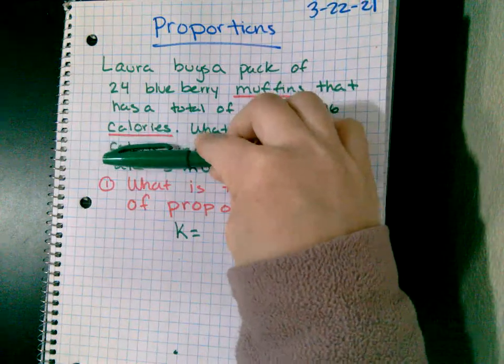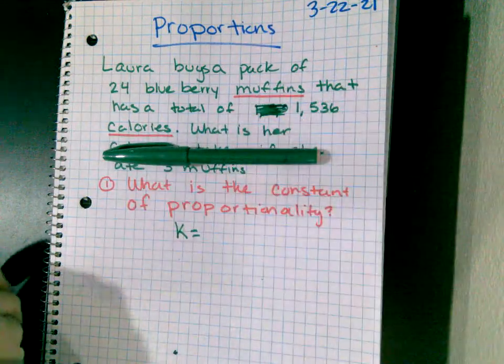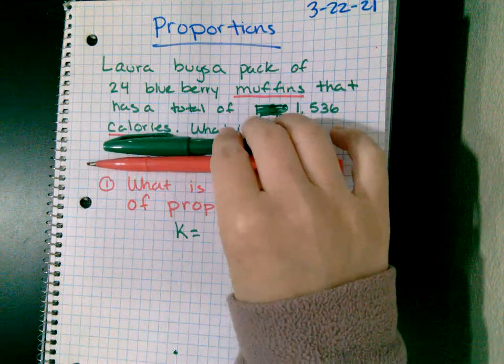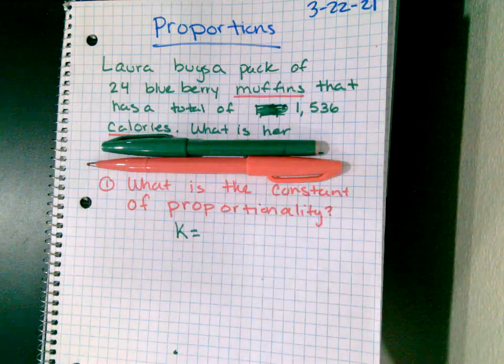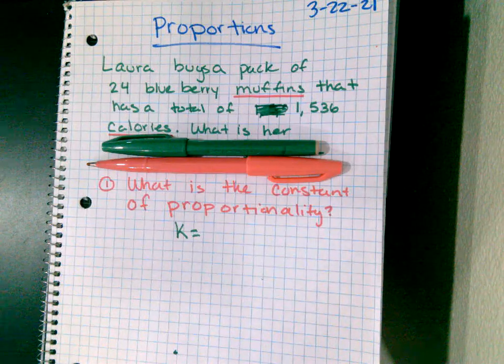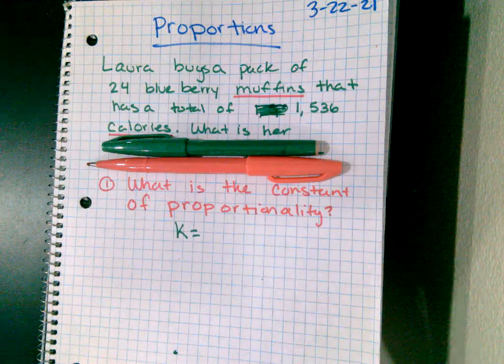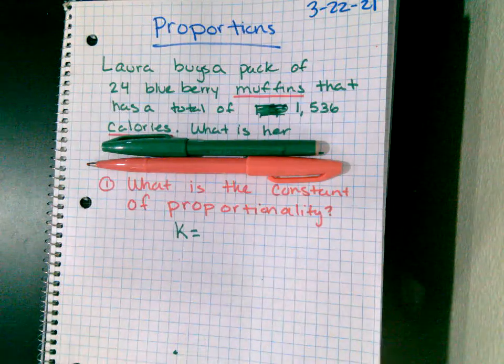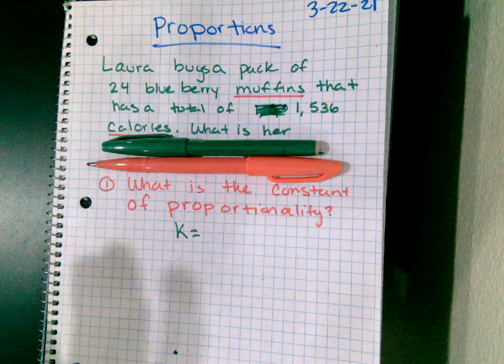If I ignore that part, I'm not going to worry about that question right there. Knowing that Laura buys a pack of 24 blueberry muffins that has a total of 1,536 calories, so 24 have 1,536, I want to know how many calories one muffin has.